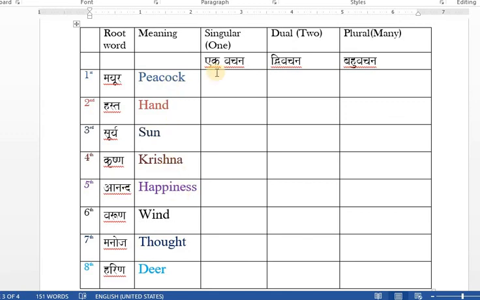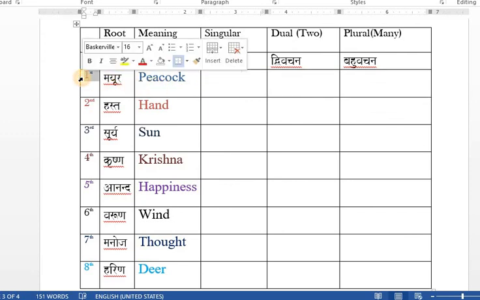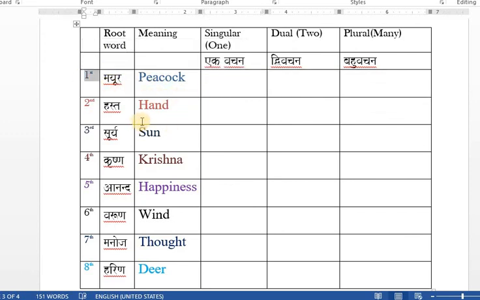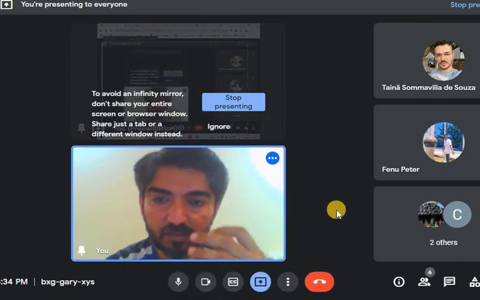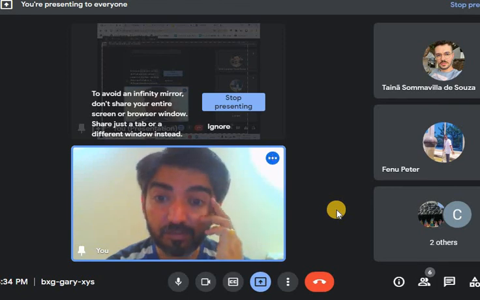Meaning is also here. Now you have to make three words: for the first case, just like the Rama table, first case. Then second case, words you should write here. Third case, words you should write here. It will give you a good exercise after learning the Rama table.